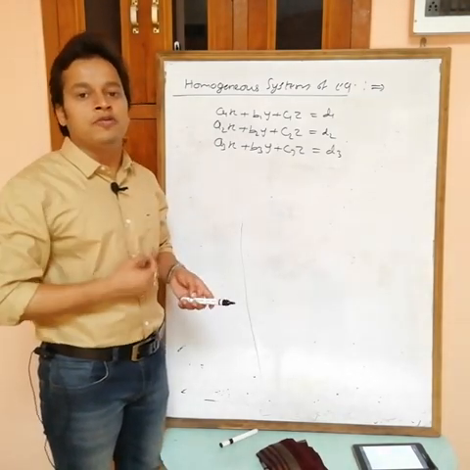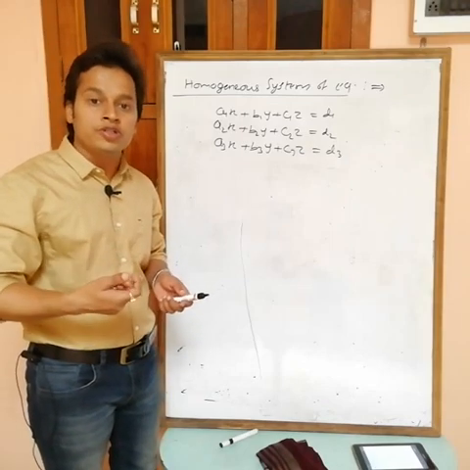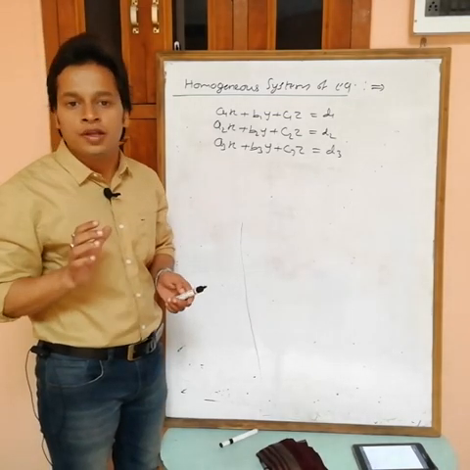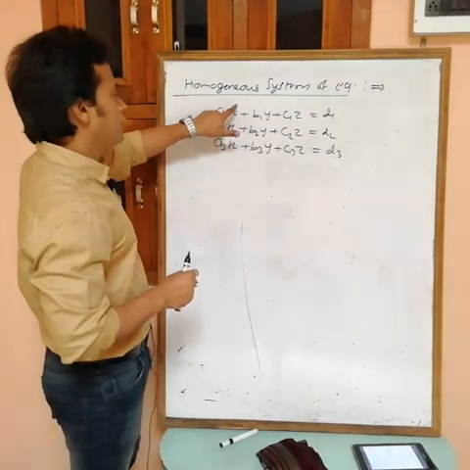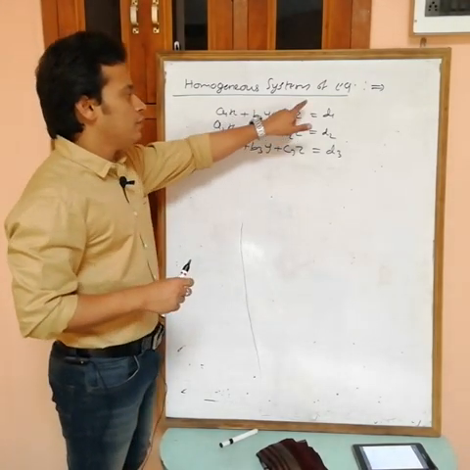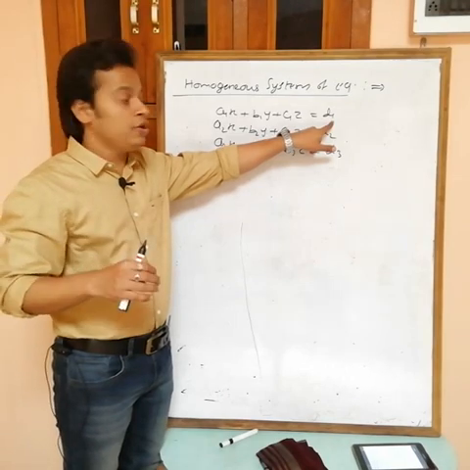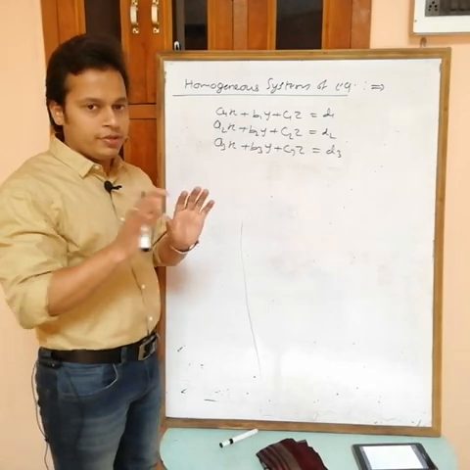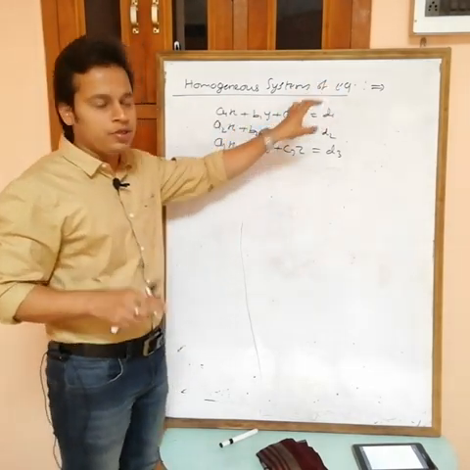A system of equations or an equation becomes homogeneous if in each term we have the same power of variable. Now see this equation. Here the power of variable is 1, 1, 1. There is no variable in the constant term, so the power of variable is 0. So in every term we don't have the same power of variable, so this is not a homogeneous equation.